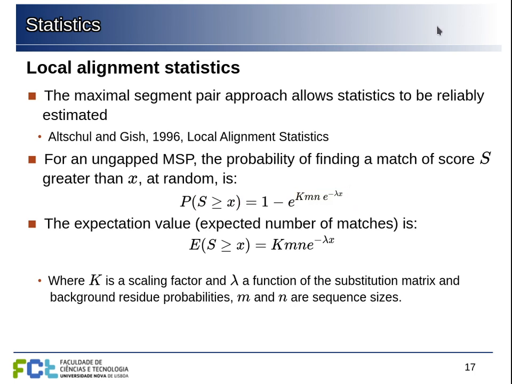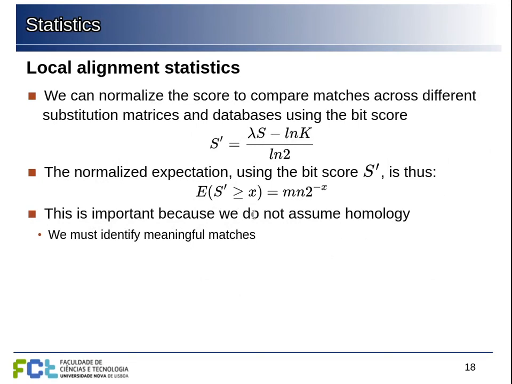A better measure of how good a match is when searching a sequence database is the normalized or bit score that we can compute, which normalizes the score of the matching segment pairs by a constant, and so gives us something that we can compare between different matrices and different databases and so forth.